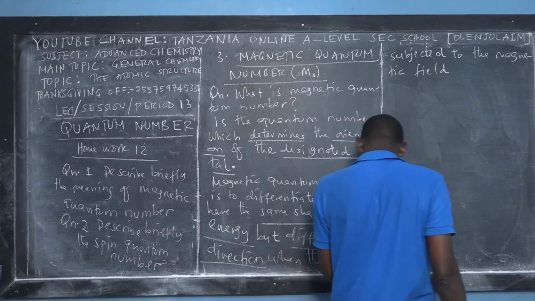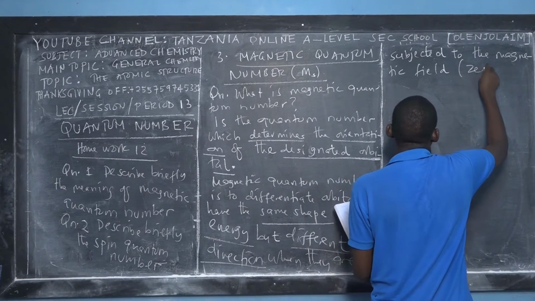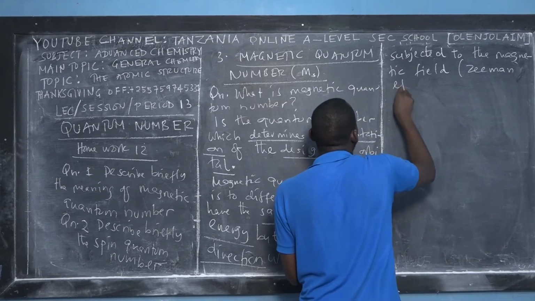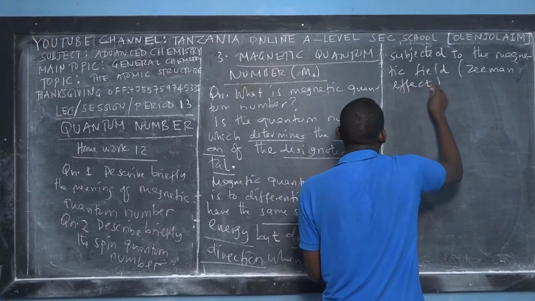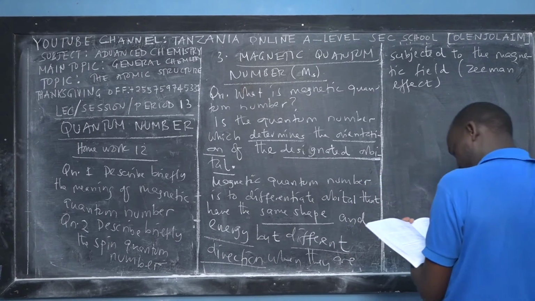So when they are subjected to the magnetic field, this we call the Zeeman effect. Say Zeeman effect. So do your private study to know what the Zeeman effect means.